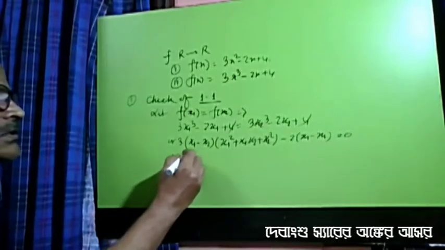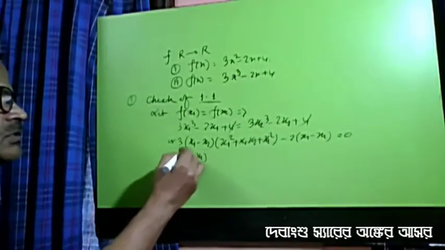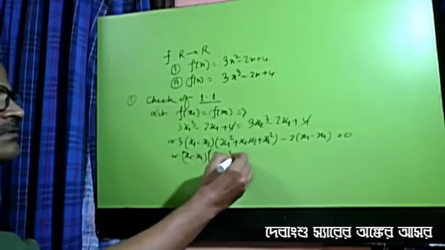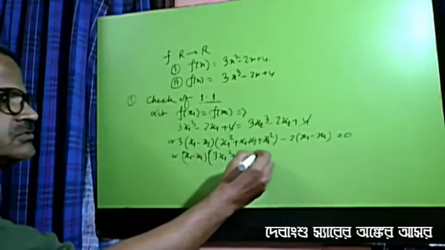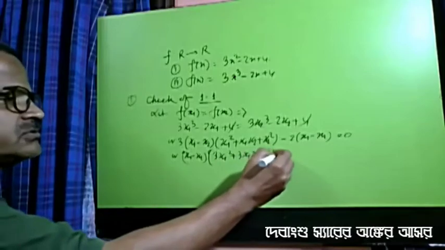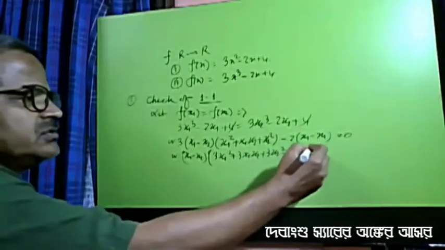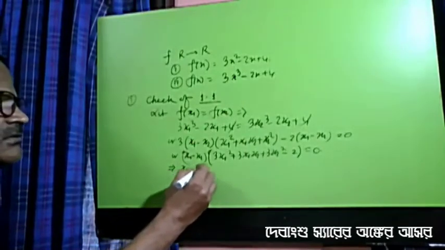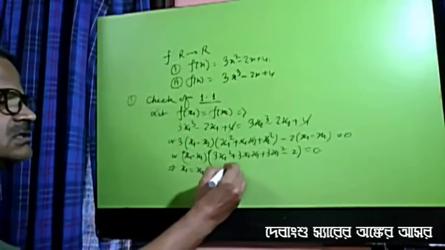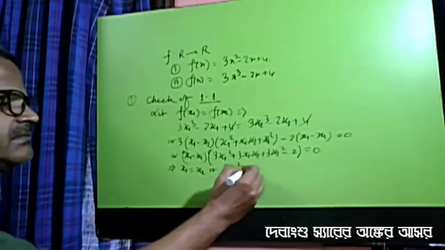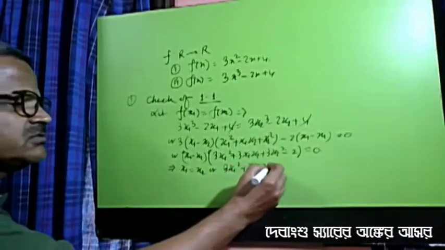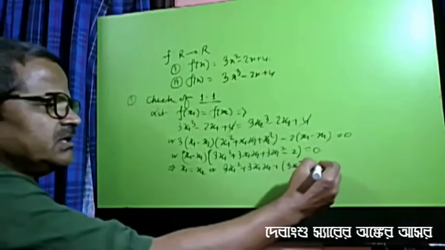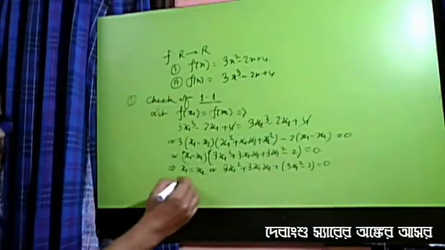Or x1 minus x2 into 3x1 square plus 3x1 x2 plus 3x2 square minus 2 equal to 0. That implies x1 is equal to x2, or 3x1 square plus 3x1 x2 plus 3x2 square minus 2 equal to 0. This is the real solution.